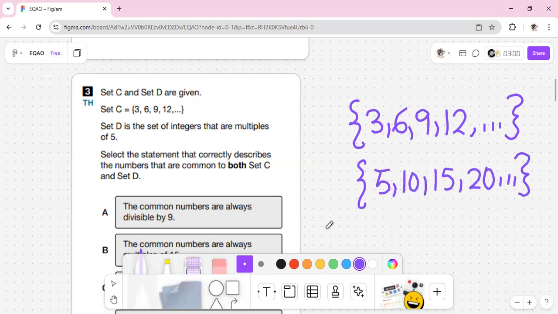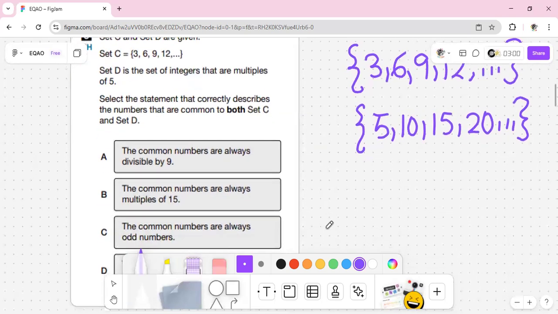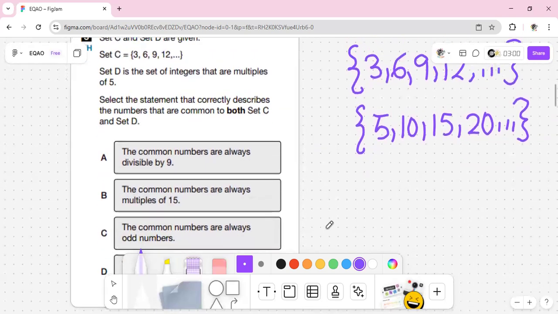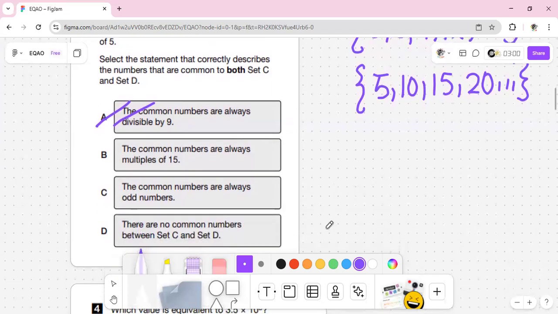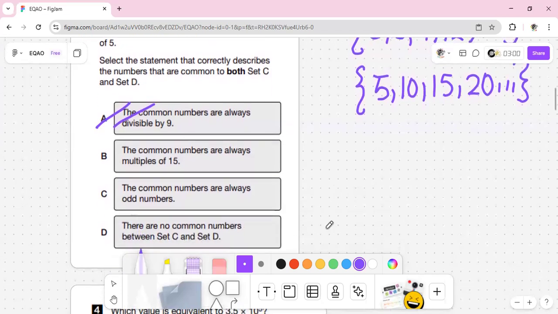Select the statement that correctly describes the numbers that are common to both set C and set D. This is something you need to understand if you're finding common multiples or common denominators. When I think about the 3 times tables and the 5 times tables, I know that the number 9 is not common between them.